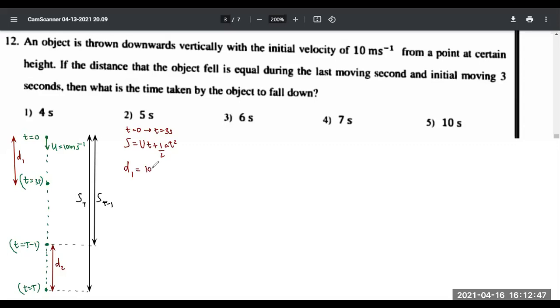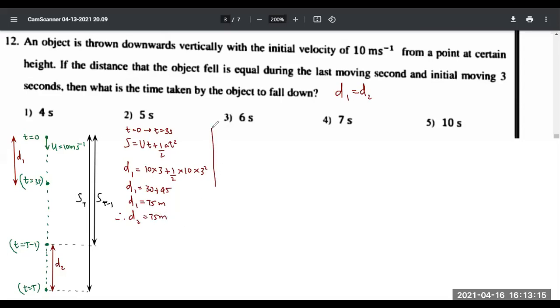Initial velocity is 10, time taken is 3, plus half into acceleration, which is 10 because it's gravity, into 3 squared. Therefore, D1 is equal to 30 plus 45, that is 75 meters. In the question they are saying D1 is equal to D2, so D2 is also equal to 75 meters.